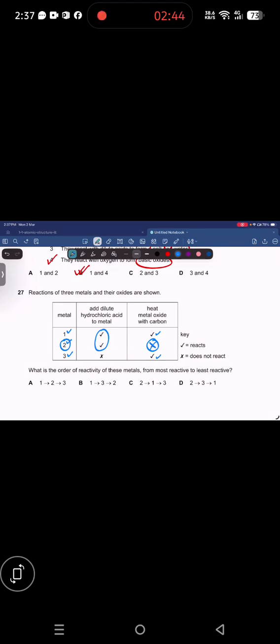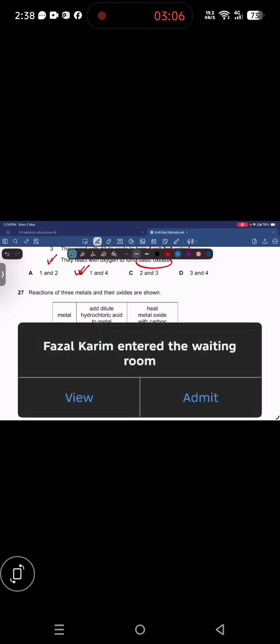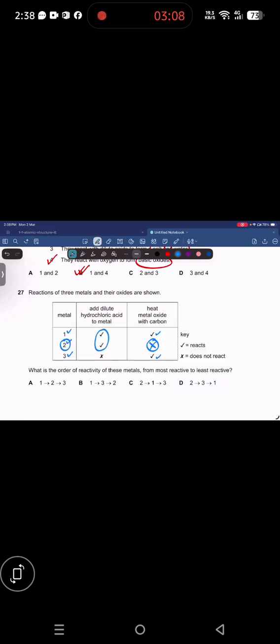If the metals are below carbon in the reactivity series, then carbon will reduce those metal oxides. And if the metals are above carbon in the reactivity series, they are reduced by the electrolysis process. So 2 is the most reactive metal.